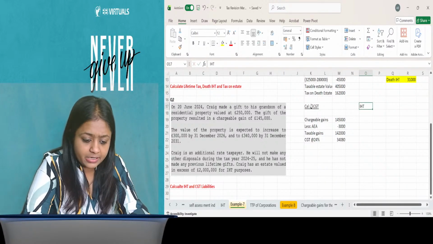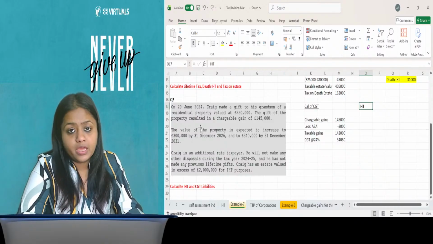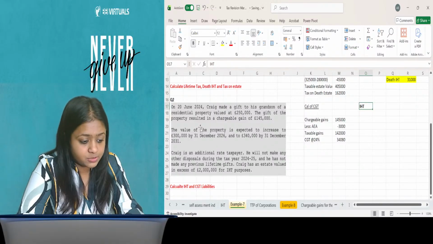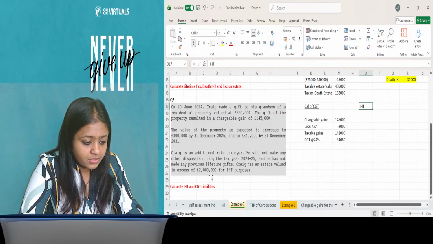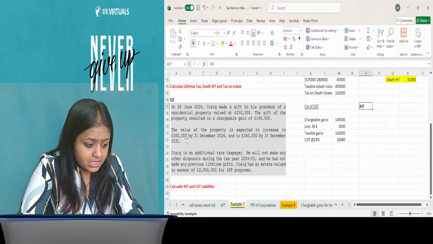So we just have to calculate the IHT. Now, why is this value given to you? Is it not going to increase your estate value? It is definitely going to increase your estate value. Okay, the property value was 250,000, and when did Craig die?